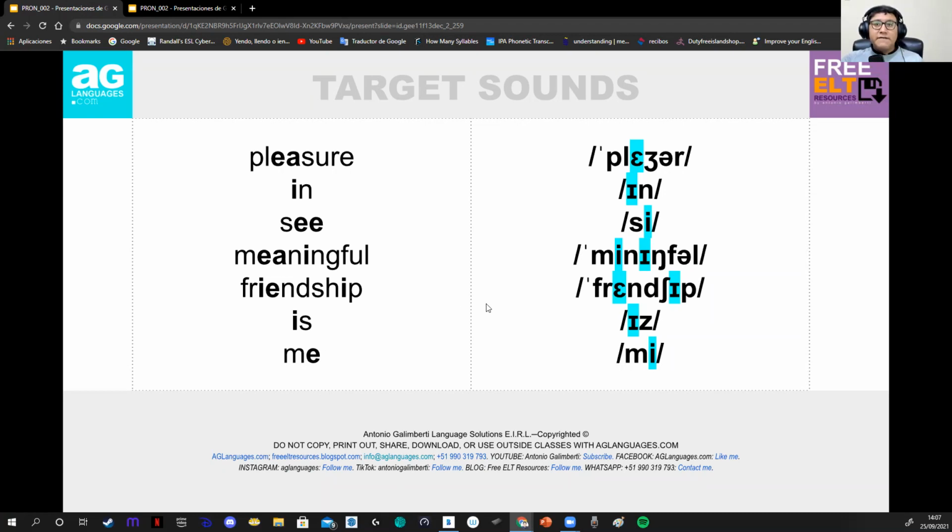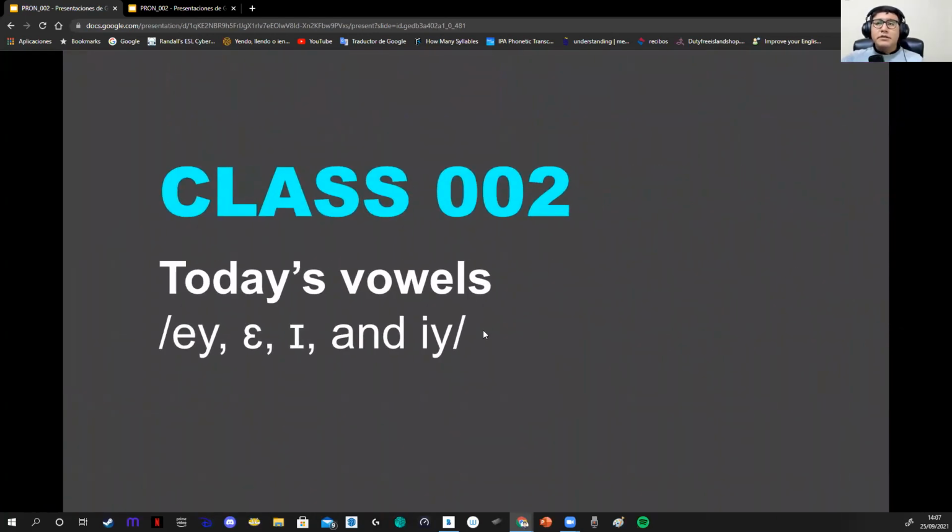The word itself, friendship. The verb to be, which is not "iz," but "is." And then the object pronoun me, all right? As you can tell, we use lots of vowels, and we're going to focus our attention on these 4 vowels.